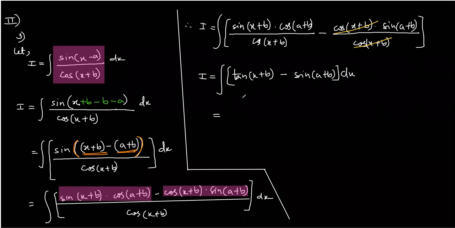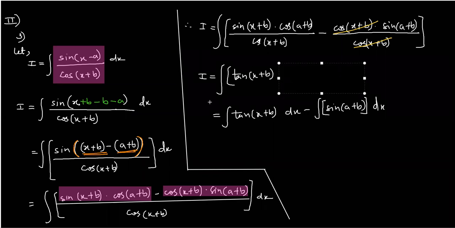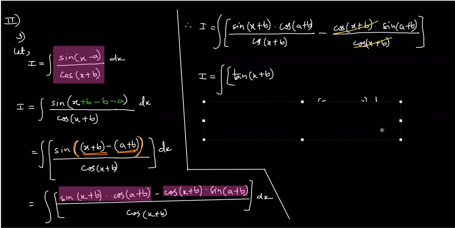So I'll now write separate integrals: integral of tan of x plus b dx minus integral of sine of a plus b dx. With this, cos of a plus b is also there, which I missed, so I will rectify that. Mistake realized is no mistake, as you know the saying. So here I have tan of x plus b into cos of a plus b. I had forgotten to write this dx.